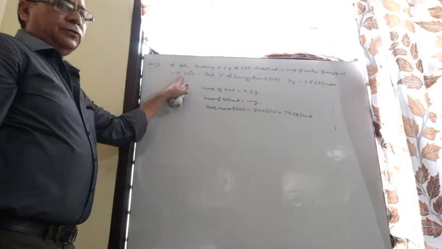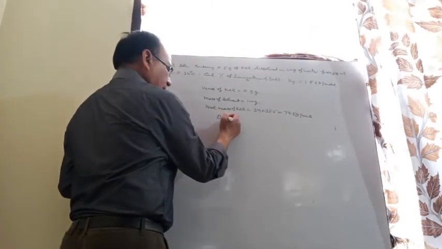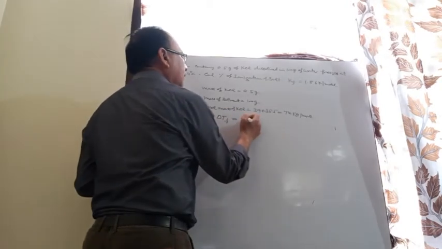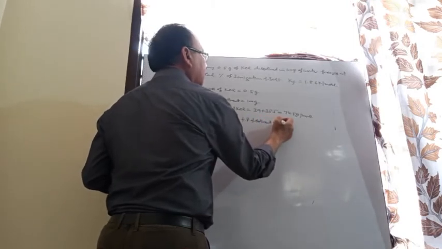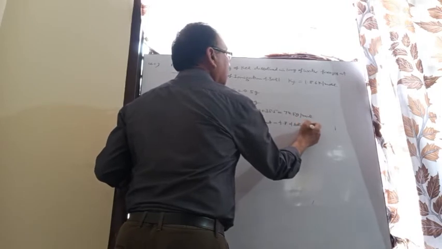You also know the freezing point of the solution, that is minus 0.24. So delta Tf equals freezing point of solvent minus freezing point of solution. This is the relationship.